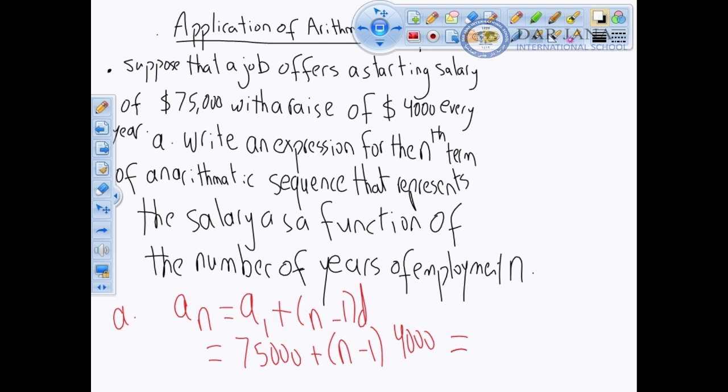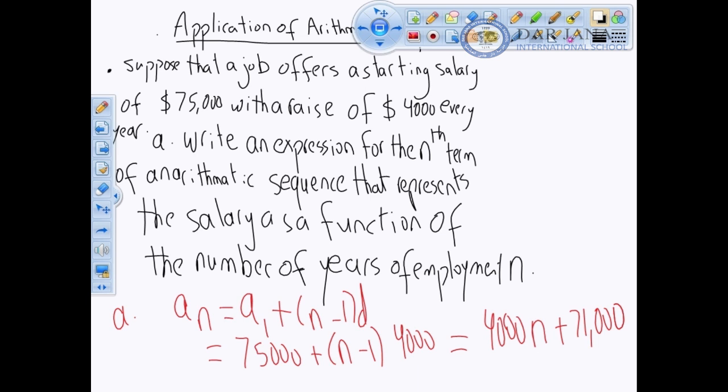The general nth term will be here 4,000n plus 71,000. This will be the nth term of the arithmetic sequence, which represents the salary as a function of the number of years.